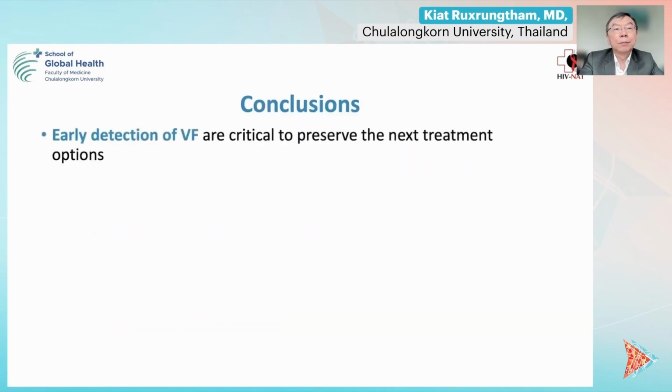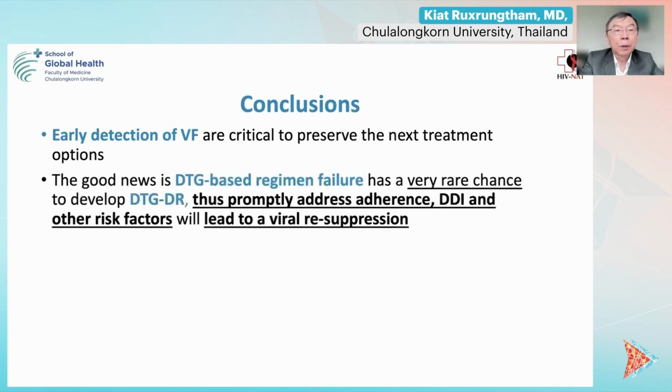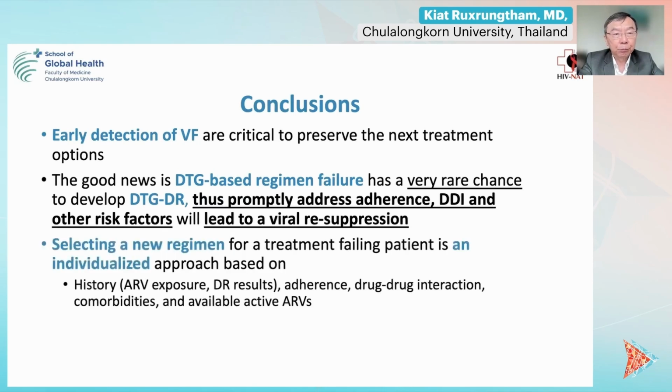To conclude this presentation, early detection of virological failure is critical to preserve the next treatment option. The good news is that DTG-based regimen failure, the first-line failure, has a very rare chance of developing drug resistance. So promptly addressing adherence, drug-drug interaction, and other risk factors will lead to viral resuppression again.